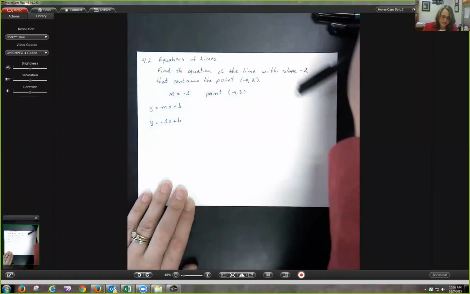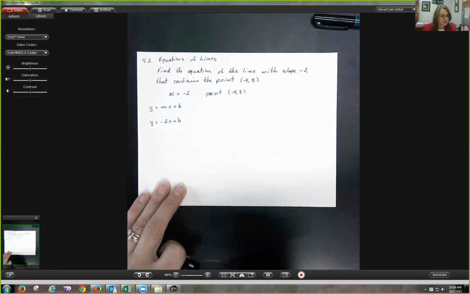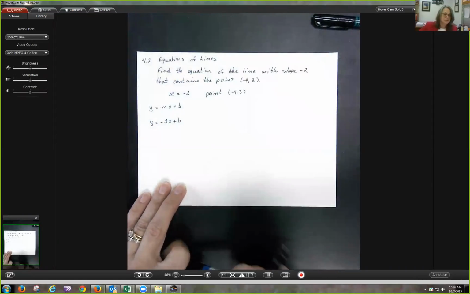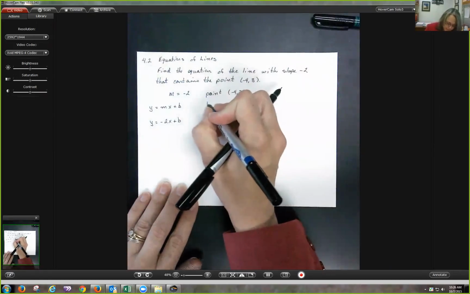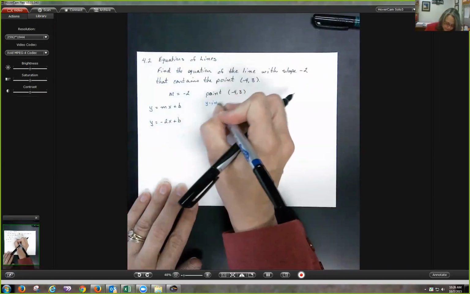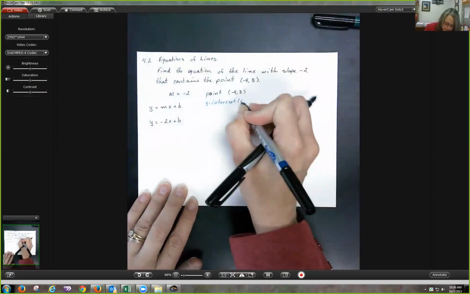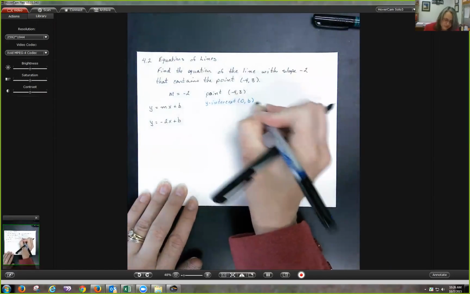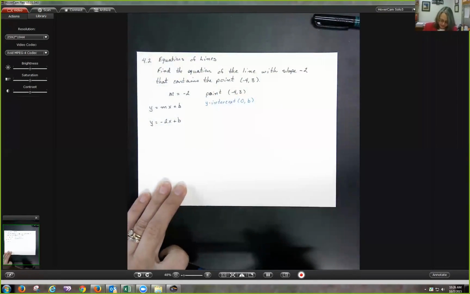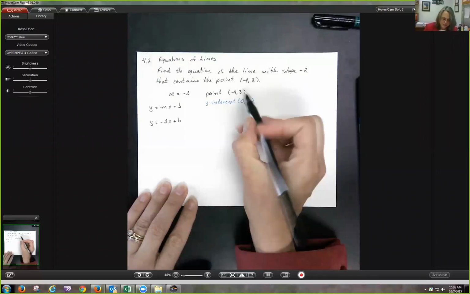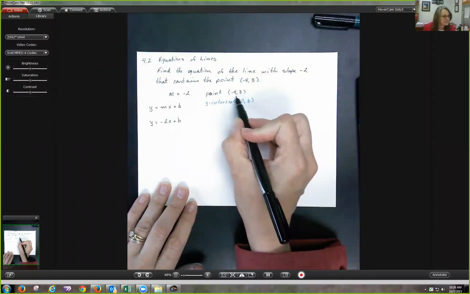What we have to remember is that b is the y-intercept. And we have to remember that the y-intercept always has an x-coordinate of 0. So in order to find our y-intercept, we can't just pick up this y-coordinate. That's not going to work because the x isn't 0.